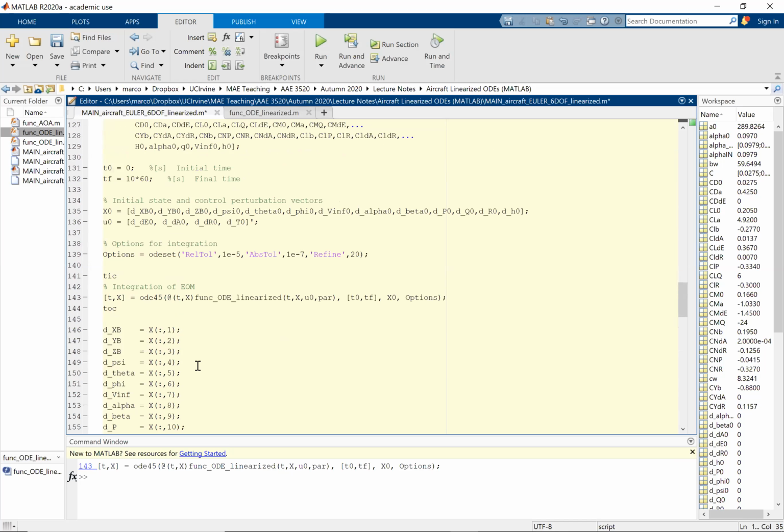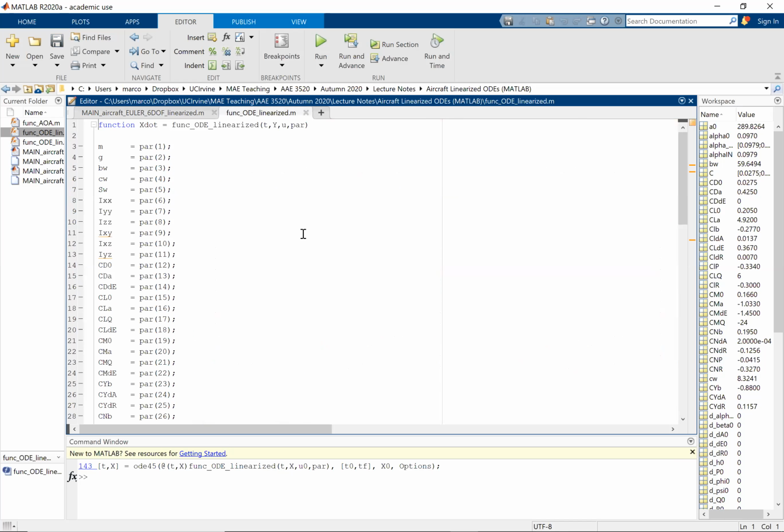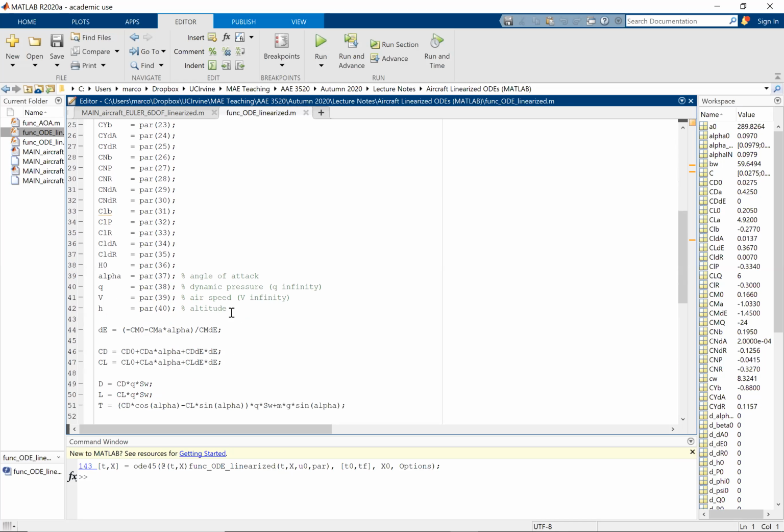So let's go and take a look at the function containing the equations of motion. Well, we have all the parameters here. A couple of them, well, three of them, we're not really going to use, but I still call them no matter what, just in case they are non-zero for other examples.